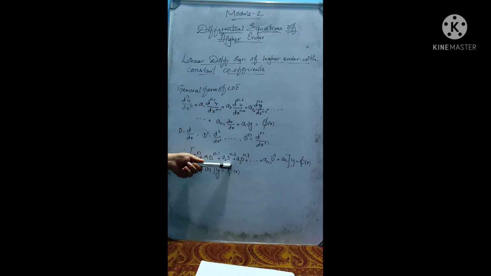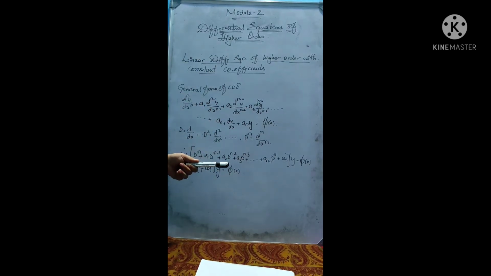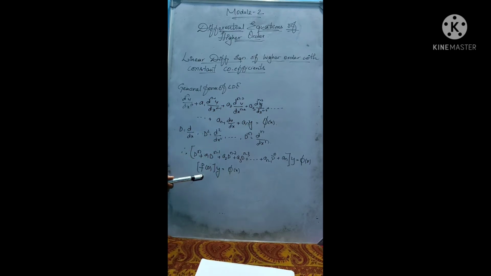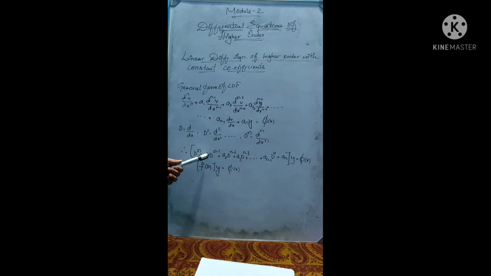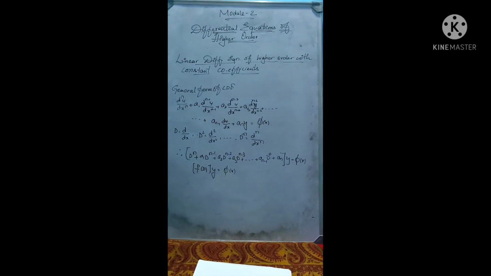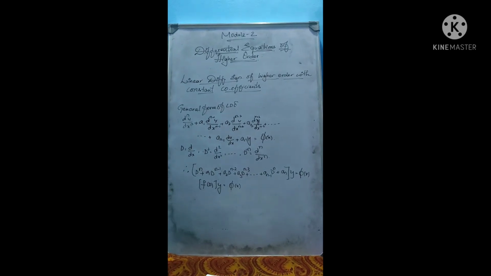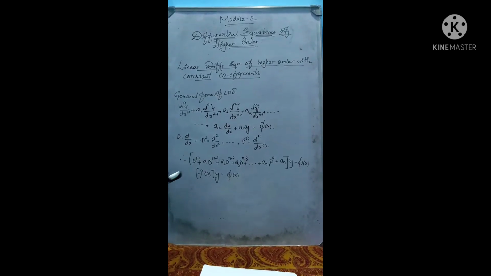So this can be considered as the LDE of higher order derivatives with constant coefficients. Constants, I specifically mention here. You have to remember that here a1, a2, a3, an and so on are all exactly constants. There is not even one single variable involved in that.